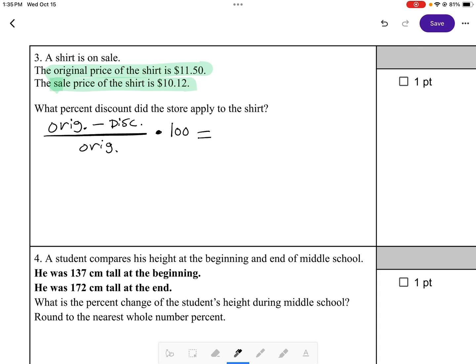Okay, so my original price here was $11.50, and I'm subtracting that from the discounted price, which is $10.12. And I'm dividing that by the original, which was $11.50. And then multiplying that all by 100.